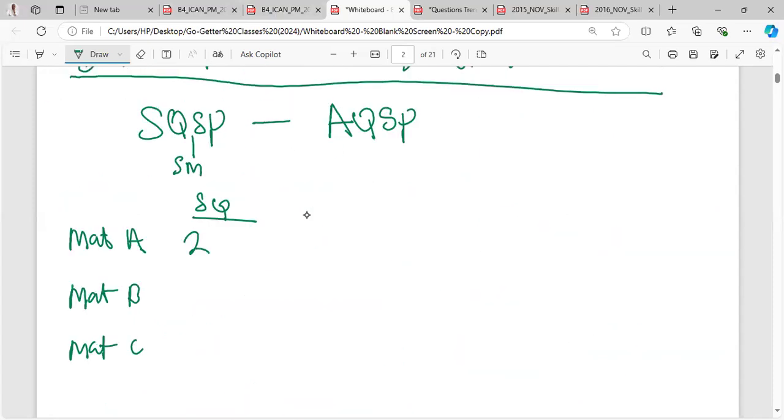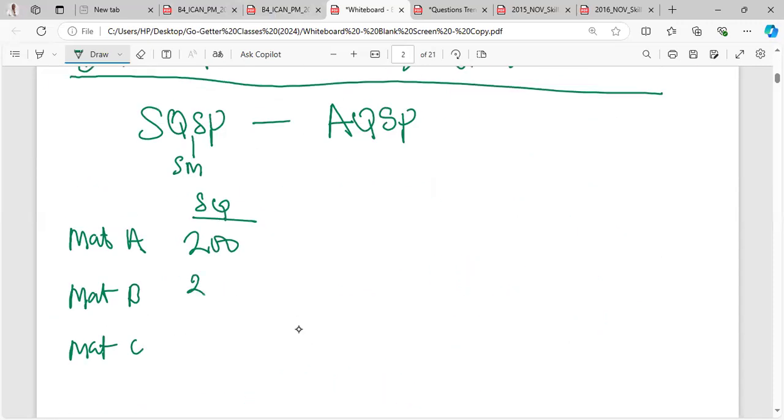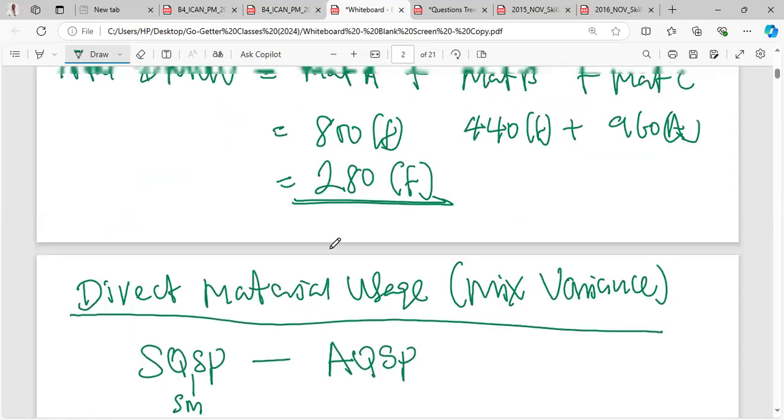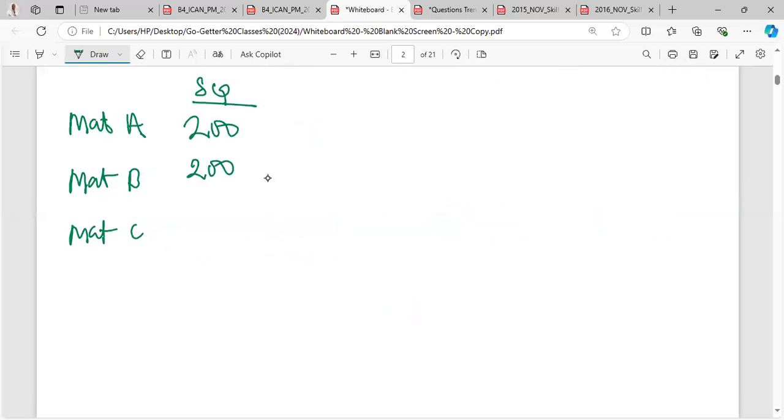For B, it's also 200. For C it's 1600. If you total them, 200, 200, 1600, this is 2000. Now, what is the standard mix?